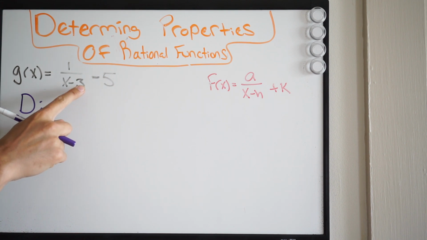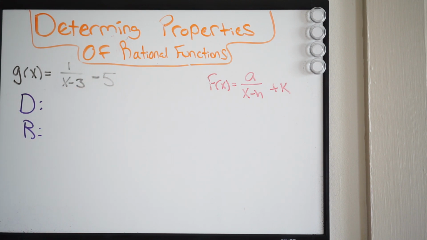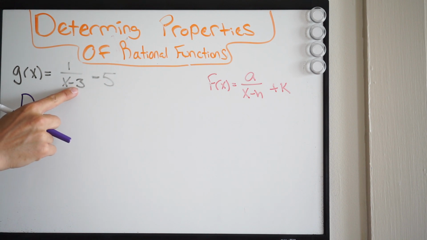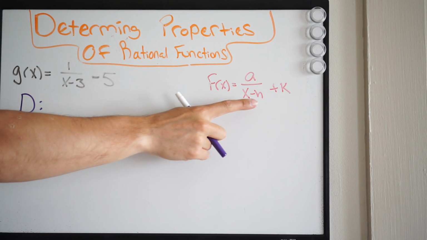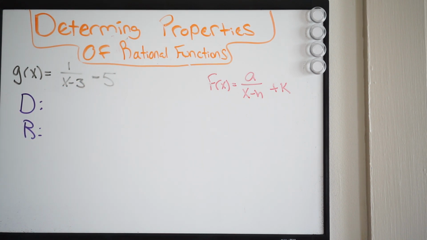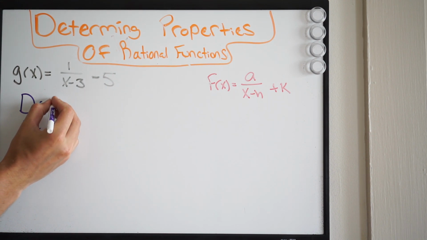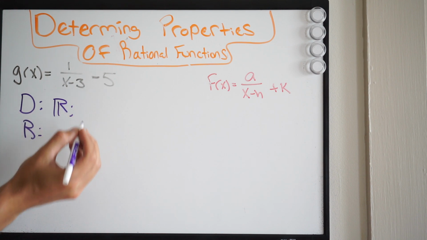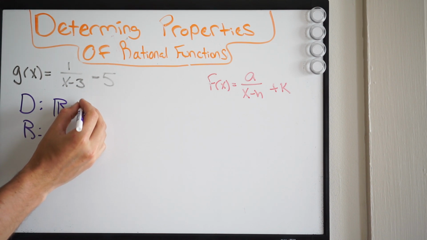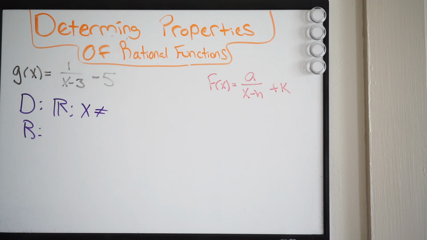It looks like I have a -3 there. So what did I have to plug into h in order to get -3 here? Well, I would have had to plug in a +3, right? So our domain here is going to be all real numbers, except my h value, what we determined, was going to be +3.